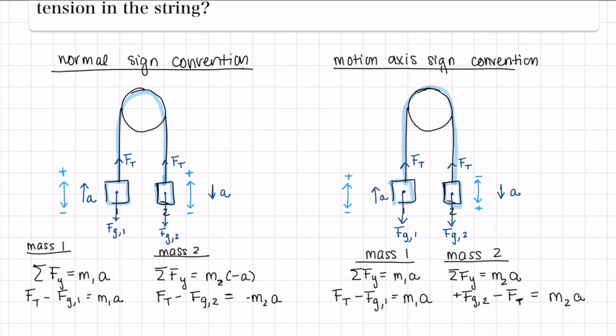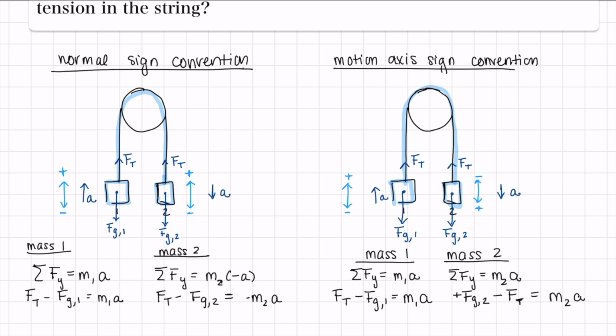So you might be asking me, Curran, why would you even show us this motion axis sign convention? It's kind of confusing and ends up giving us the same equation as long as we're careful with signs with the normal sign convention.